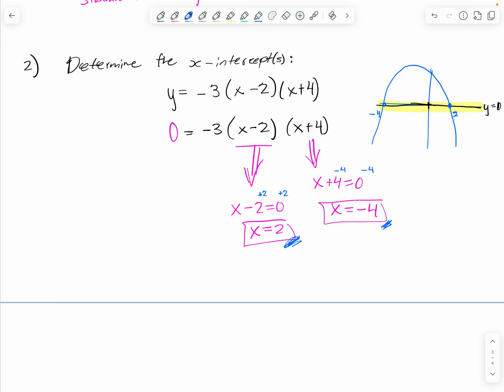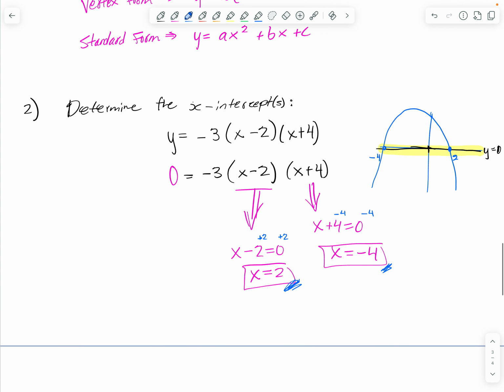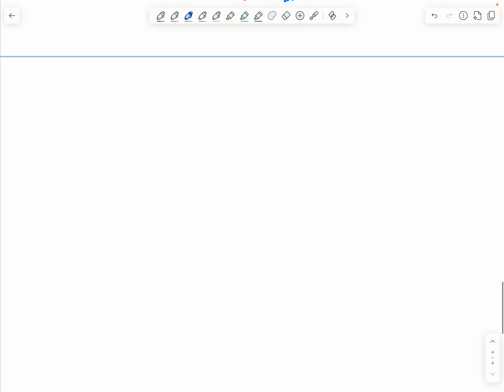Okay, good. Now let's move on to another type of question. So that question was like the zero property law, okay? Another type of question, a third one, which is really good to know, is taking a step further, solving an equation, again using the zero property law, but something like this.